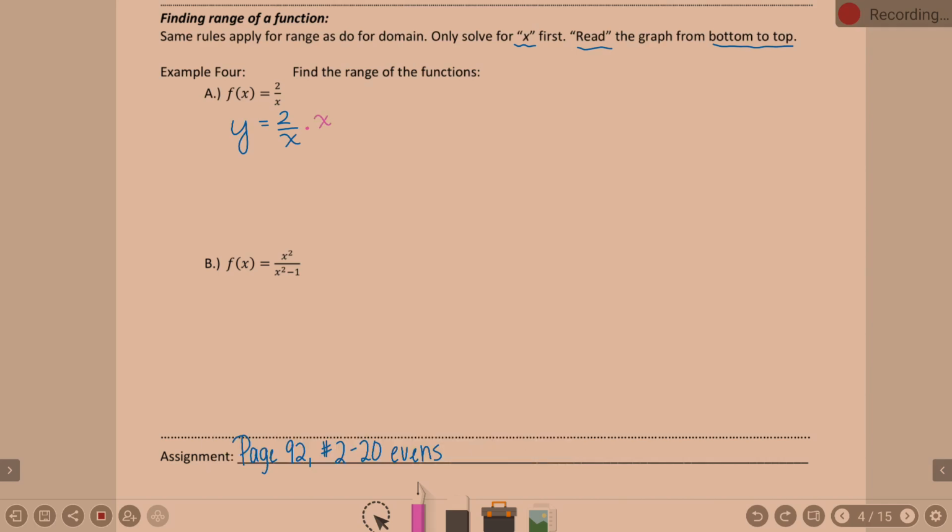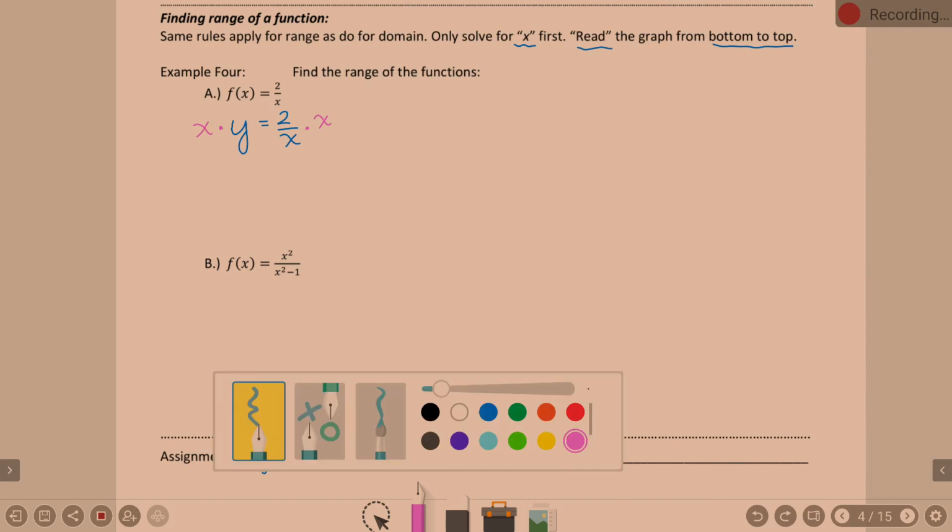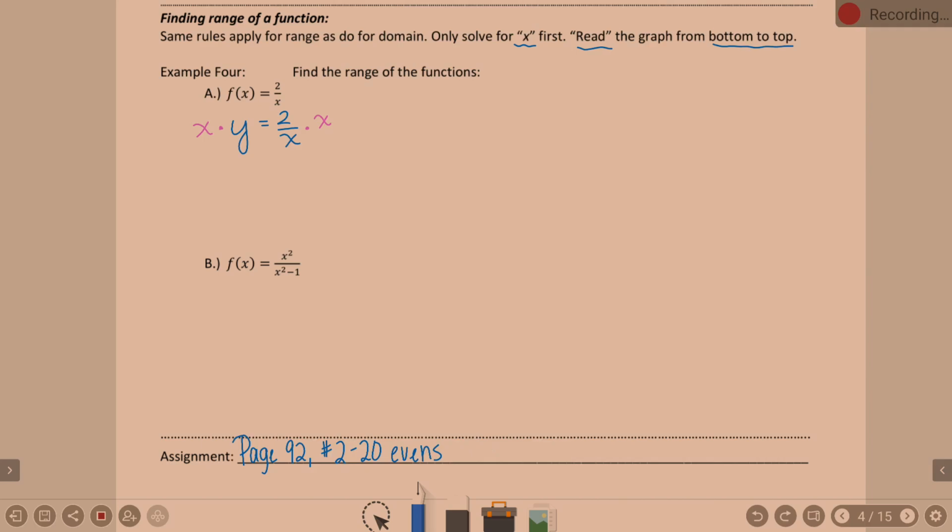Multiply by x. If I multiply one side by x, multiply the other side by x, x times y is xy. On the right, 2 divided by x times x is 2. The x's cancel.